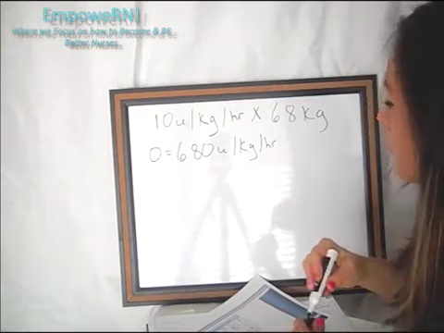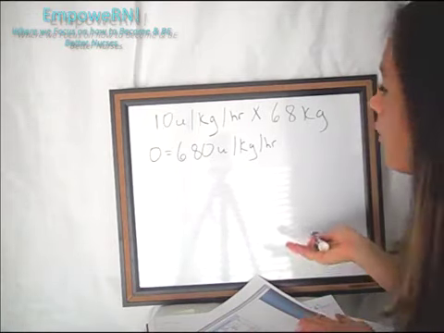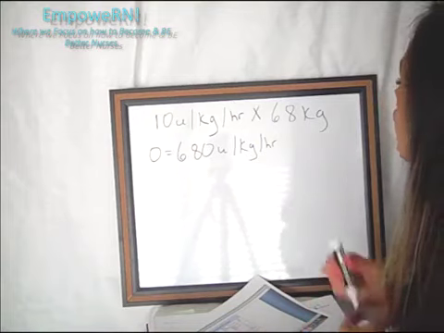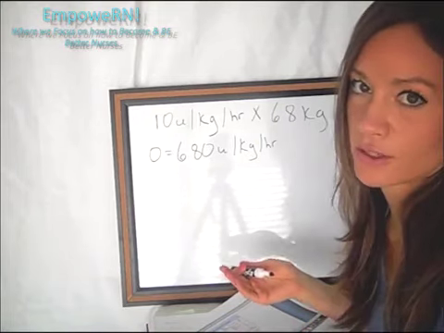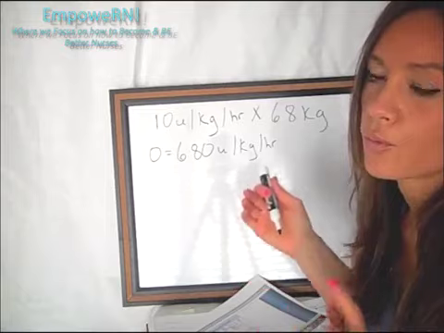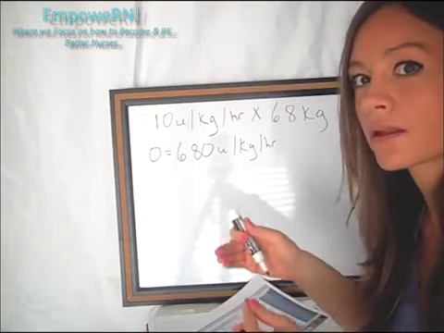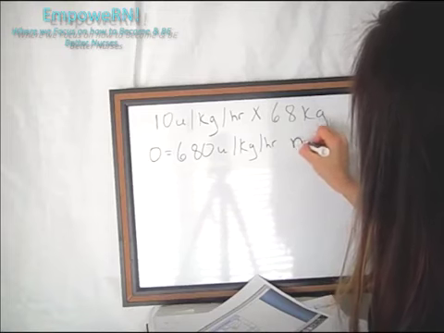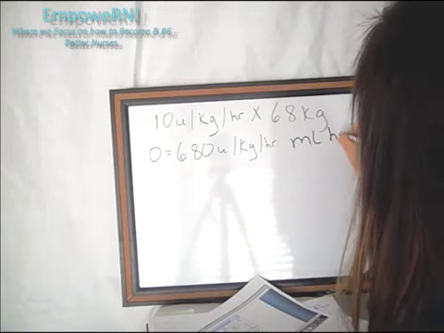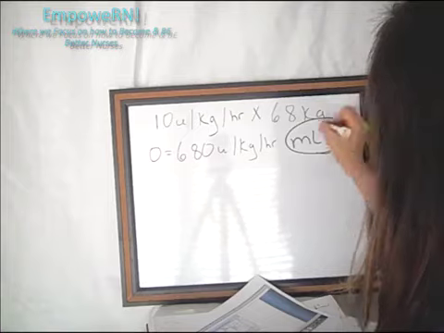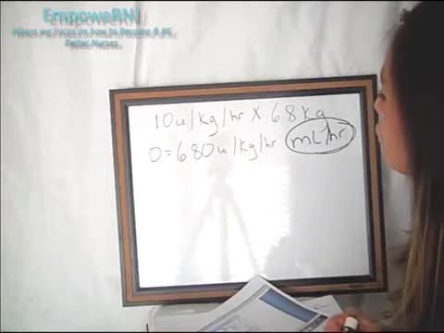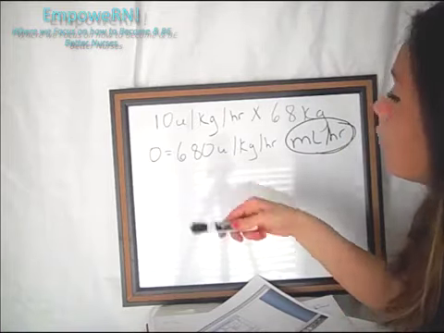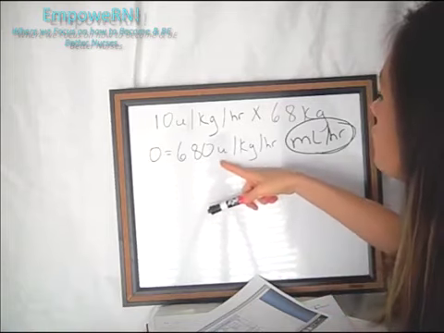And now we can start that whole process again. So what do we want? That's always your first question with dimensional analysis. We want to know how many milliliters per hour we need to run this drip at. So I'm just going to put that here just to remind us. mLs per hour. That is our goal. So what we have on hand is 680 units.